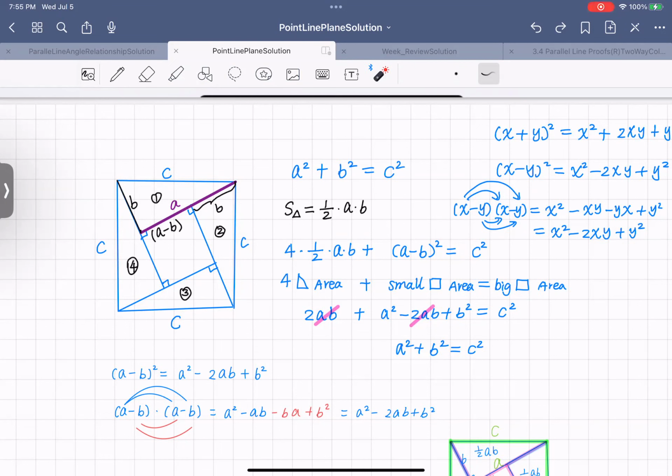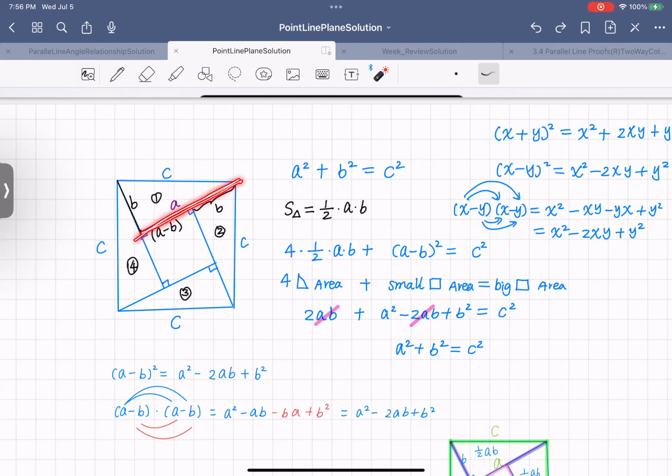Oh, 1/2 base times height. Yes, 1/2 AB, correct? So this triangle area is this. And you have 1, 2, 3, 4. You have 4 of these, correct?